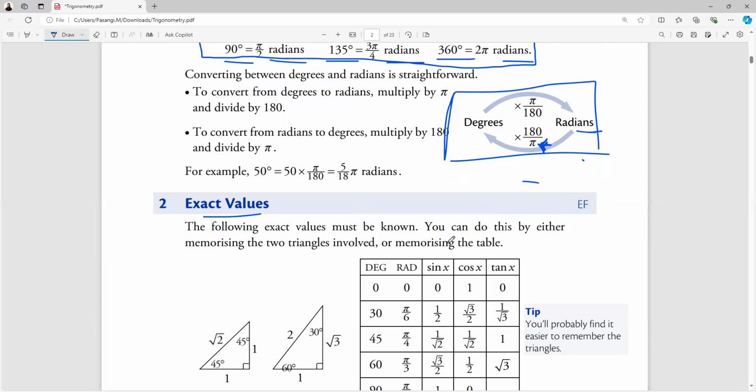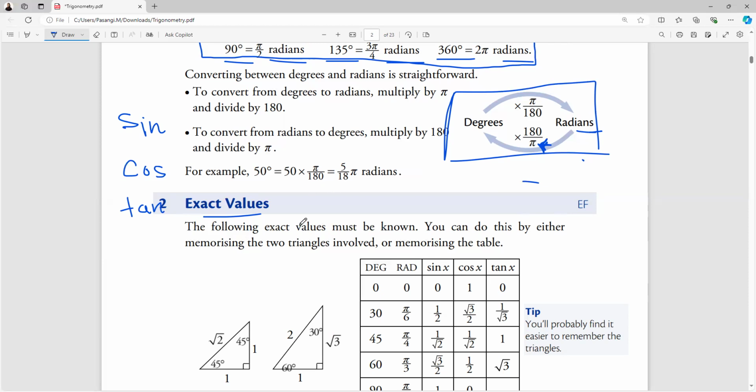We will be talking about the main ratios we have in triangles, I mean in trigonometry. There we have three main ratios: one is sine, the other is cos, the other is tan. These are the three main basic ratios we have in trigonometry.